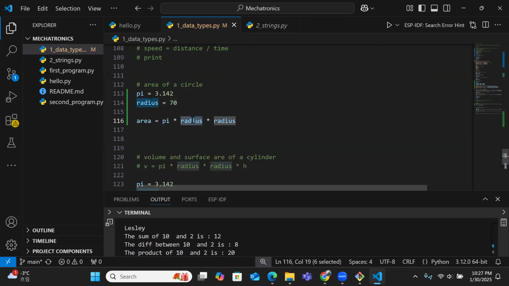Then you see now they change to blue, so you need to declare them and assign the value to them. Are we together? Yes. And so the area is pi r squared.